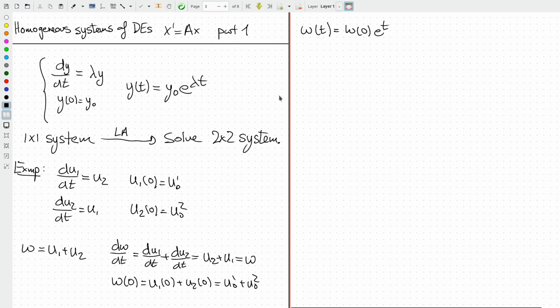Similarly, we can write down a second differential equation. I can say z equals u1 minus u2, and going through the same process, I can write down a differential equation for z. So dz/dt is going to be the same as du1/dt minus du2/dt. Once again, we look up what du1/dt is. du1/dt is the same as u2, and du2/dt is the same as u1. This I can rewrite as negative u1 minus u2, so this becomes negative z.